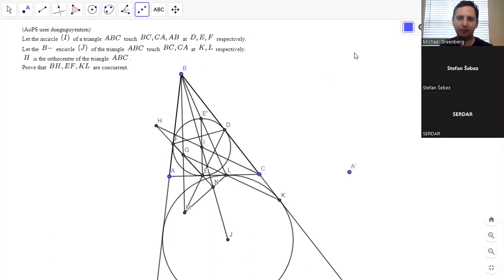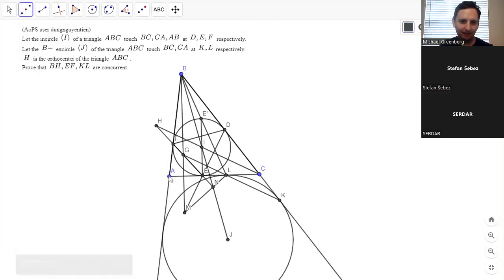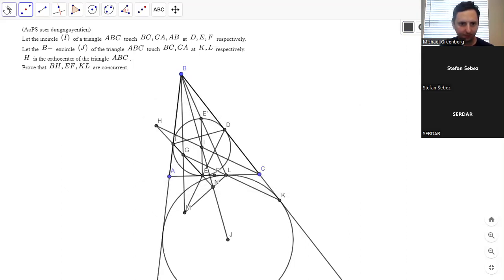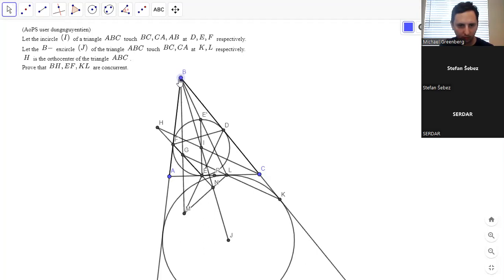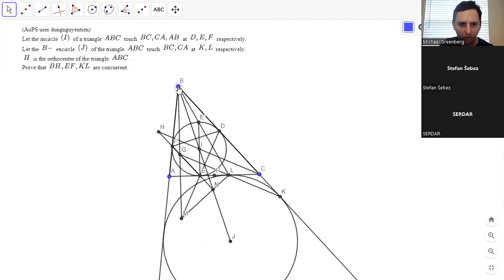I don't like O. I'm going to call it P. One part of Iran Lemma is that PE is equal to PN. PE equals PN. Yes.